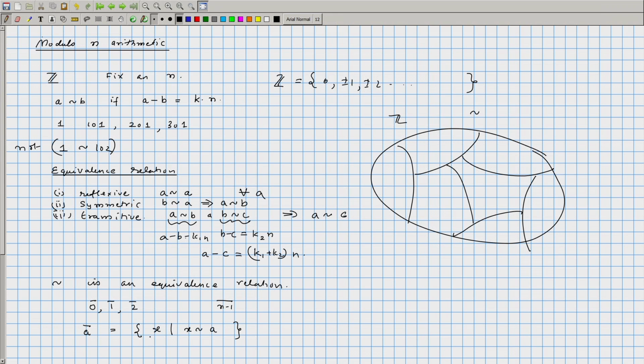When you take any arbitrary element alpha, it has to be related to one of these elements 0, 1, 2, up to n minus 1, and therefore must fall in one of these equivalence classes. So, here we started off with Z, and by looking at this equivalence relation, we have partitioned Z into a finite number of equivalence classes.